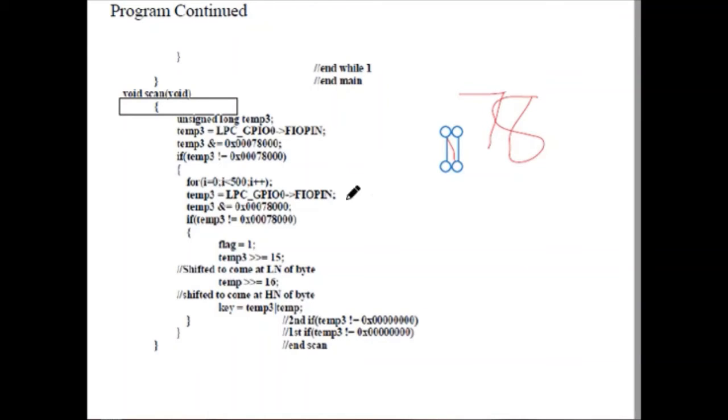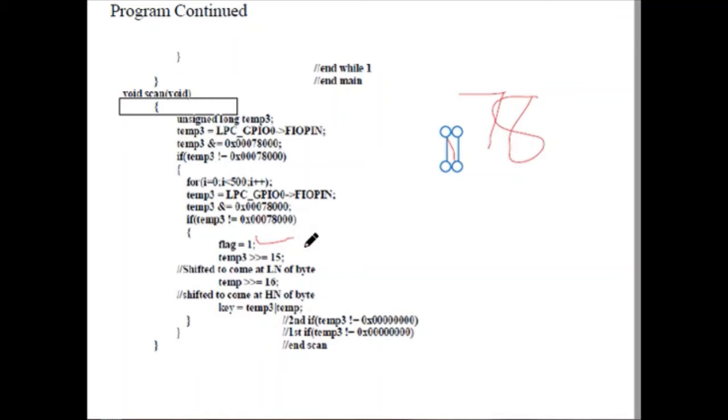Then again we wait for some delay. Once the delay is over, we check the value again, and that value is again verified with the column. Once the column key is pressed, that is indicated by the flag, right? So which key is pressed?